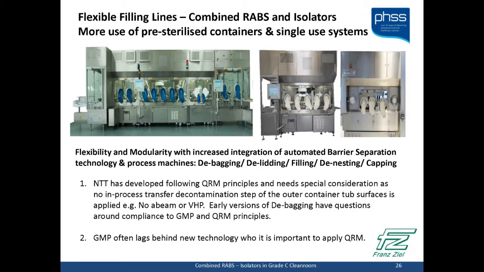Now, when we're starting to apply these technologies, we see now a mixture on filling lines of combinations of RABs and isolator technologies, and both manual and vapor decontamination. So this is a filling line for pre-sterilized containers. This first part with this NTT, no-touch transfer process, is just using manual disinfection, but again, it's grade B, it needs a sporicidal agent.